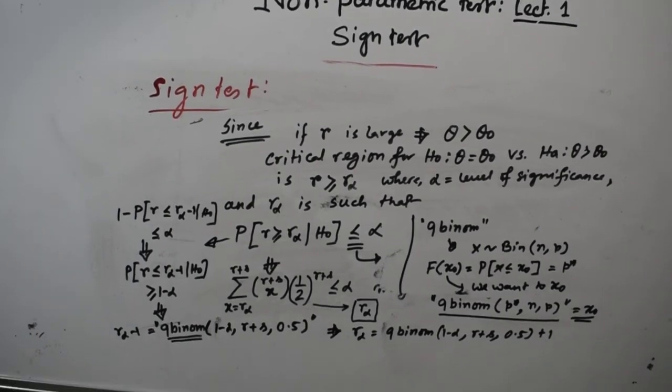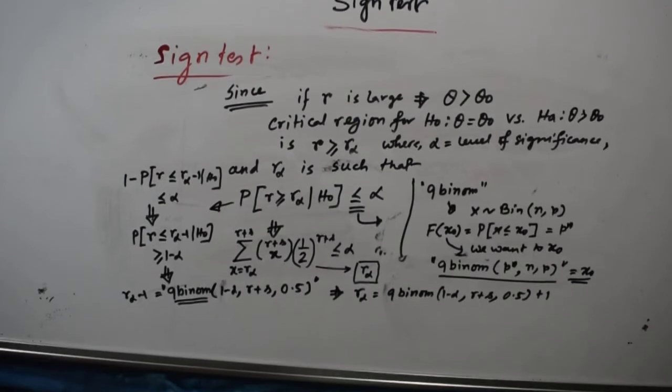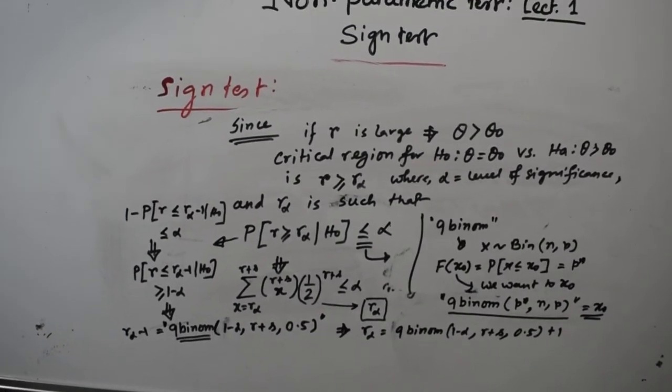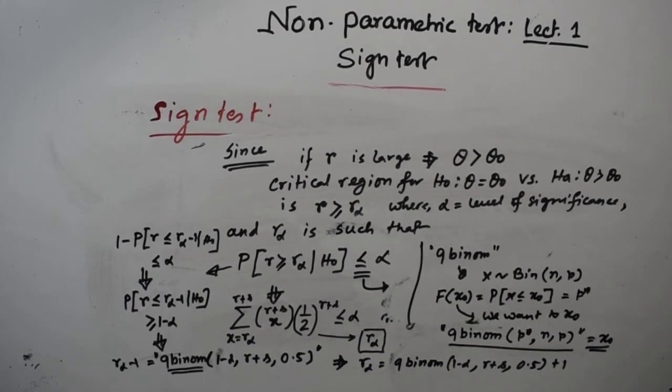So you can use R code for finding r alpha, or binomial tables, or Excel or any other statistical package.